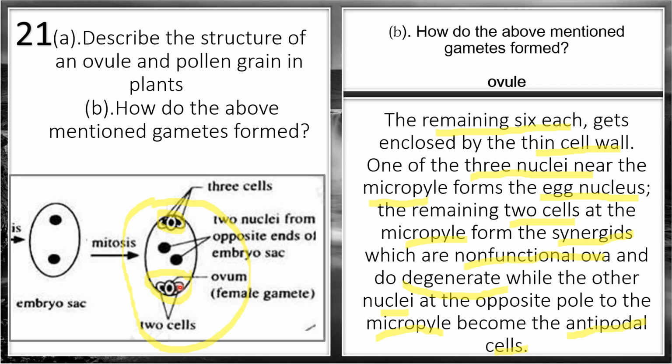One of these 3 at the micropyle forms what we call the egg nucleus, and the other 2 will turn into what we call the synergids. Then these ones up opposite the micropyle become the antipodal cells.